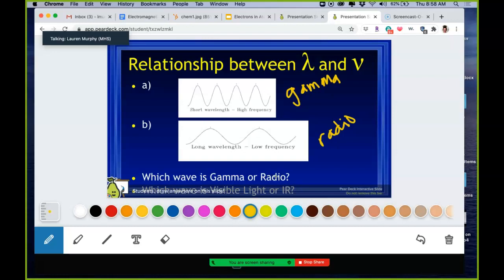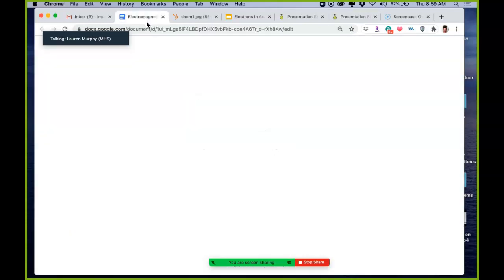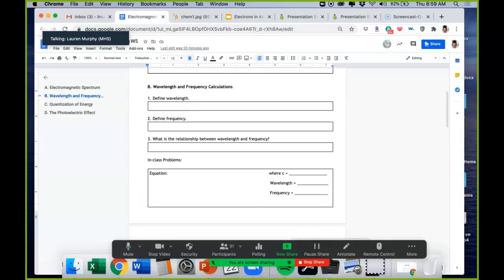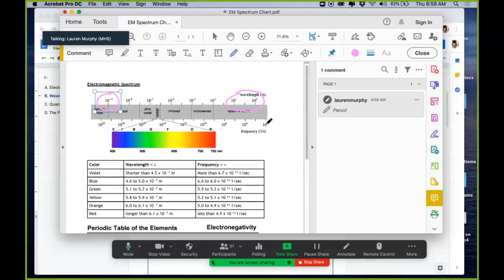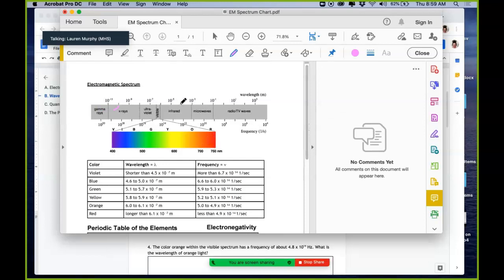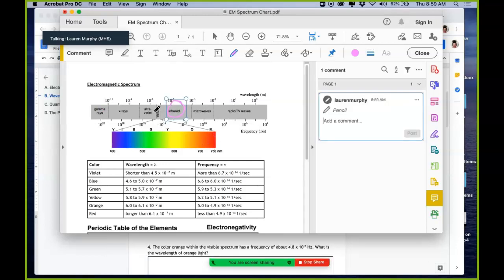Okay? So now if I ask instead which one would be visible light or which one would be IR, which stands for infrared, let's go back to our electromagnetic radiation spectrum right here. I'm going to just delete this. Okay. So it's infrared, which is right here, and visible light, which is right next to it.